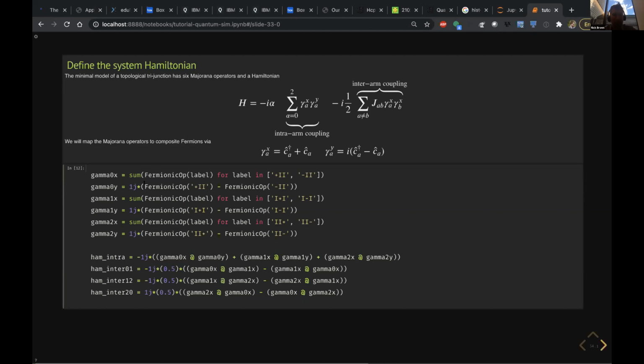For my gamma y, I can take essentially i times C dagger minus C. Because that's just dealing with the 0 gamma terms, I can move on to the 1 gamma terms, and now I've got the same labels, but they've got I plus I and I minus I in them as well to represent Majorana number 1, or Majorana site number 1.